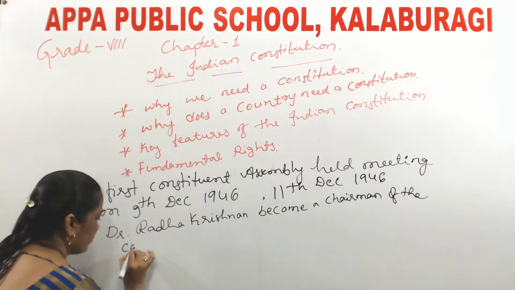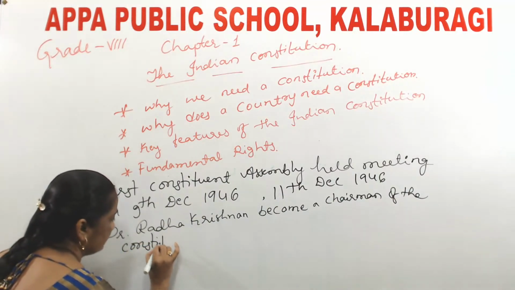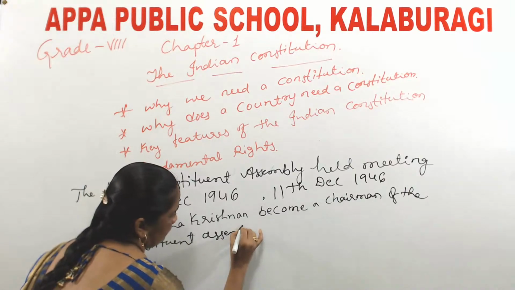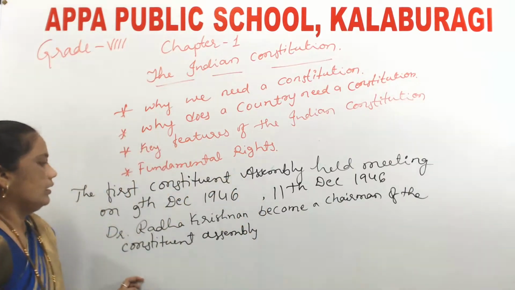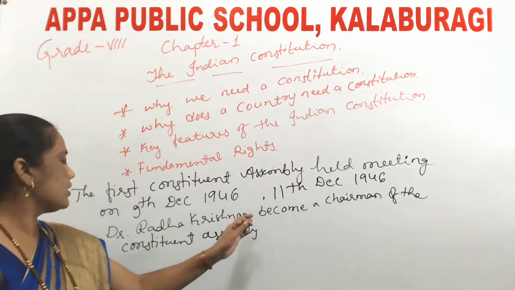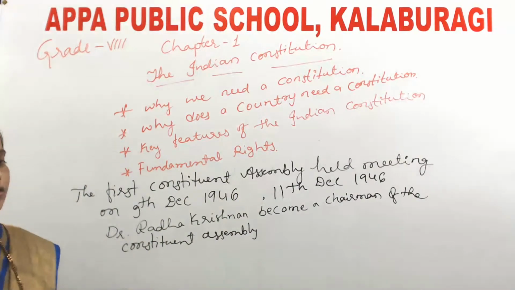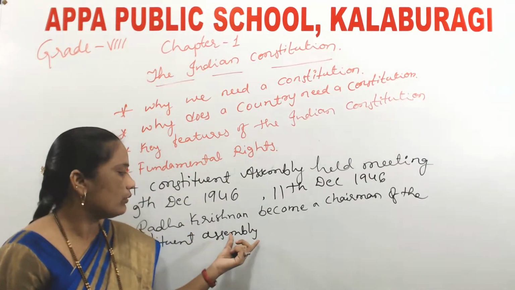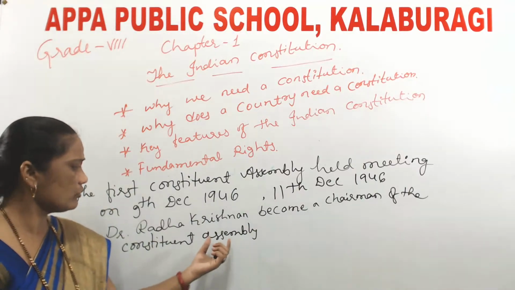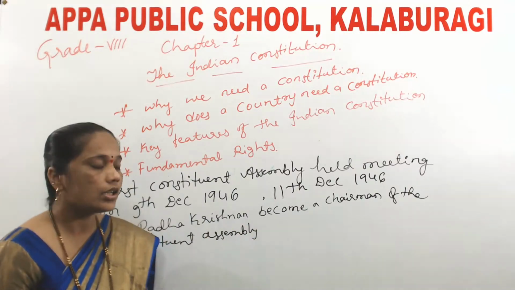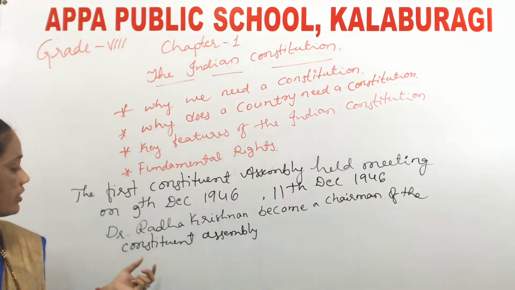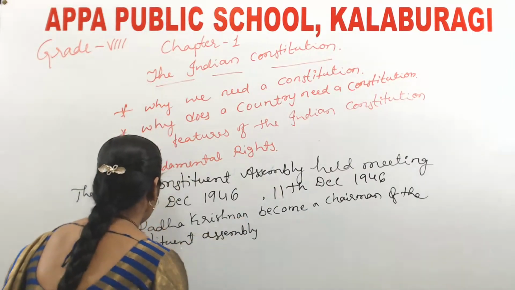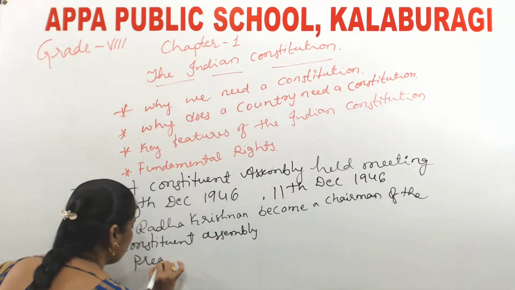At that time the Muslim League boycotted the Constituent Assembly. Because of this, the Constituent Assembly adopted the Preamble of the Constitution.